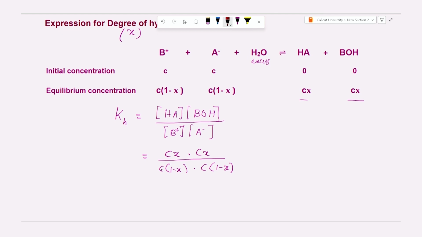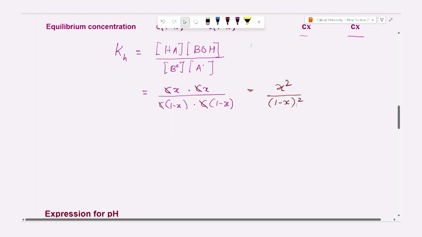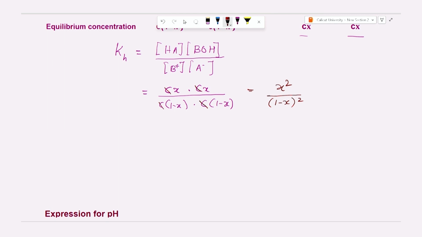Now, cancelling the terms which are present in the numerator and denominator, C and C get cancelled, and finally, the expression takes the form x square, x into x, x square, and 1 minus x into 1 minus x becomes 1 minus x whole square. So, now I can put the expression for hydrolysis constant Kh equal to x square divided by 1 minus x whole square. This is without any approximation.